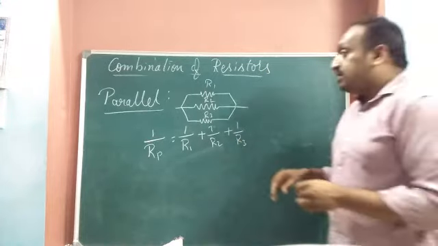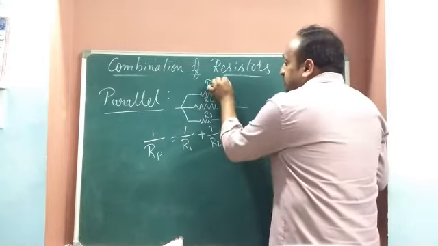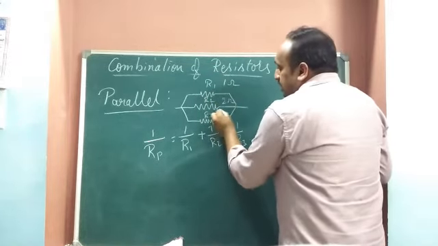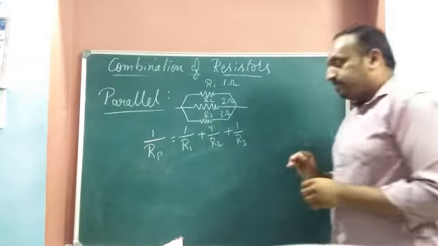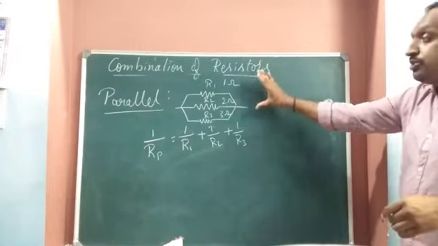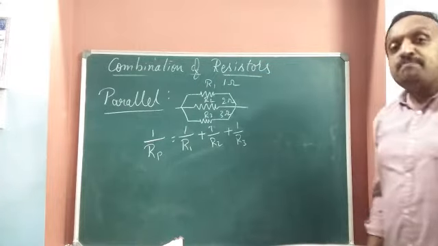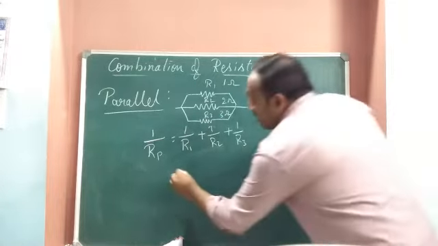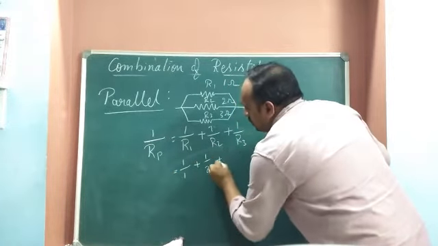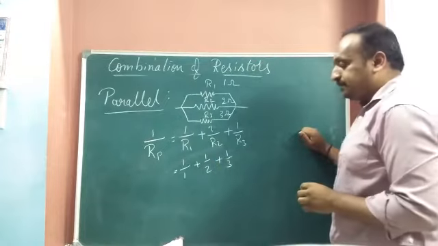Imagine the resistance R1 is 1 ohm, R2 is 2 ohm and R3 is 3 ohm. Then the total resistance in this circuit when connected in parallel will be 1 by 1 plus 1 by 2 plus 1 by 3.